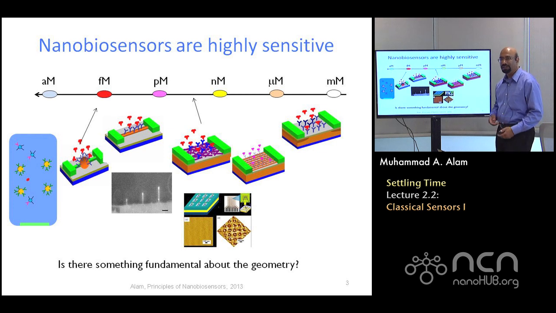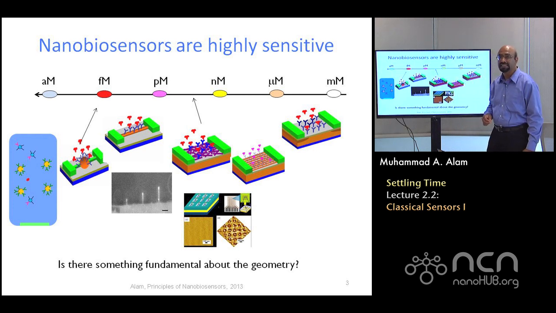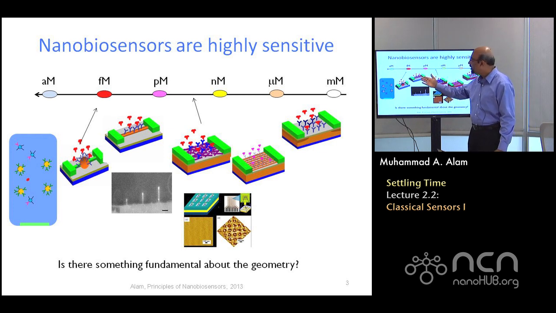You may remember this picture from the previous lectures, that we have these various sensors with different sensitivity, millimolar all the way to attomolar, 10 to the power minus 18 molar, divided into 3 orders of magnitude change in the enhancement in the sensitivity. And as I said, planar sensors are somehow less sensitive. The sensors that we had in the 1970s are somehow less sensitive compared to the nanobiosensors, nanowire and nanotube-based sensors that are used in recent literature.